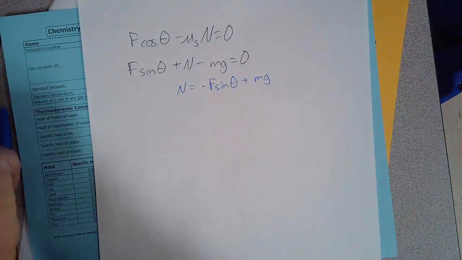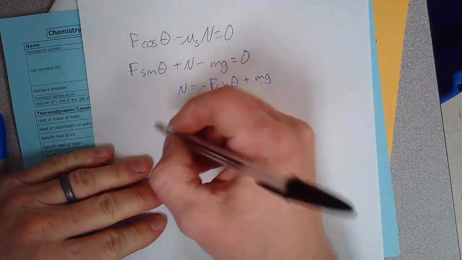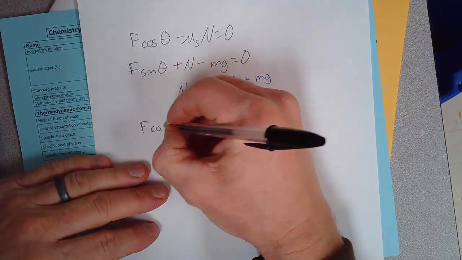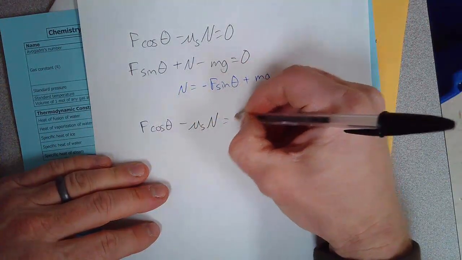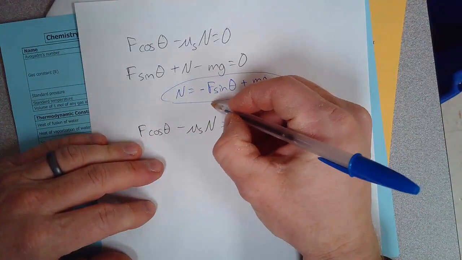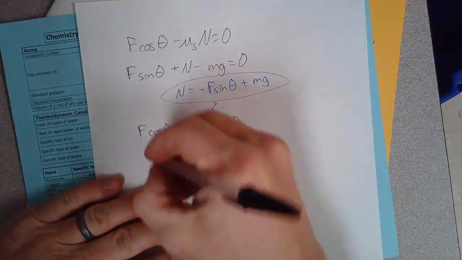Okay, now that I know that, I am going to bring the first equation down: f cosine of theta minus mu s n equals 0.